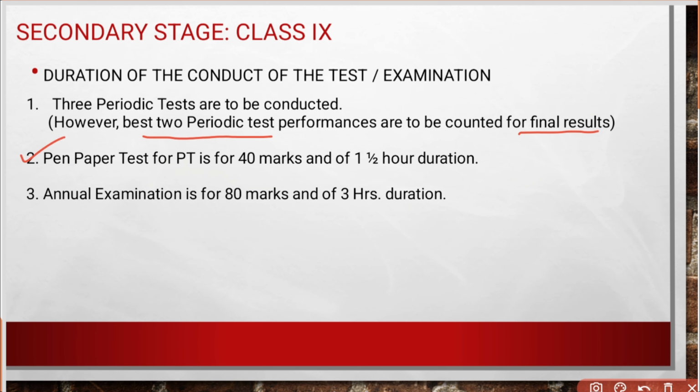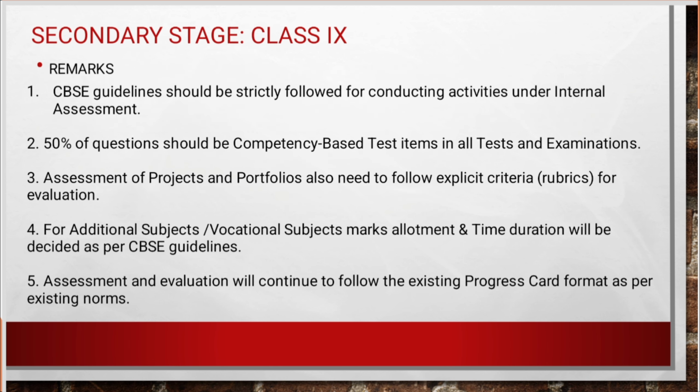The pen and paper test for PT is of 40 marks and 1.5 hours duration, whereas the annual exam is of 80 marks and 3-hour duration. Then next, a few important points: CBSE guidelines should be strictly followed while conducting activities under internal assessment.